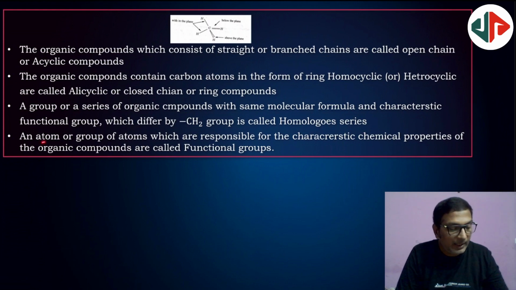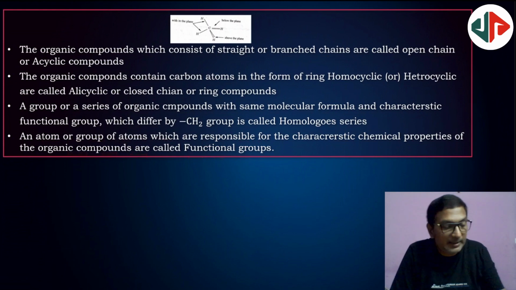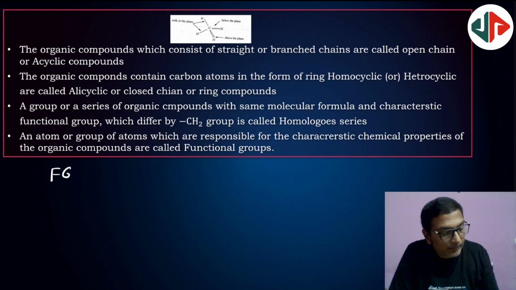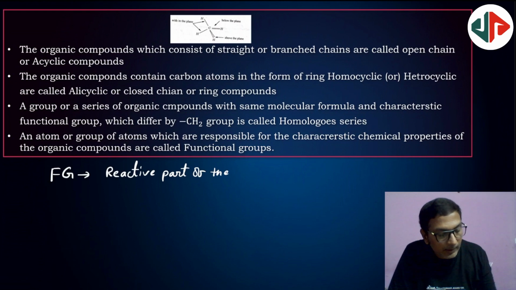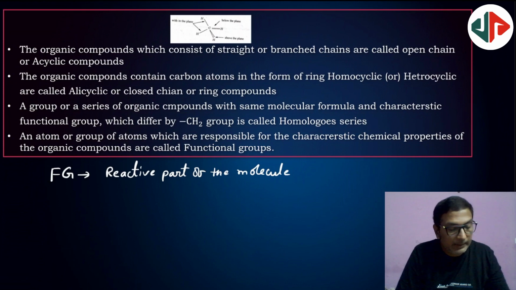Next, an atom or group of atoms which is responsible for the characteristic chemical properties of organic compounds is known as a functional group. So, the functional group is the reactive part of the molecule. Very, very important. In a homologous series, two adjacent members differ by a CH2 group, that is, molecular weight differs by 14.